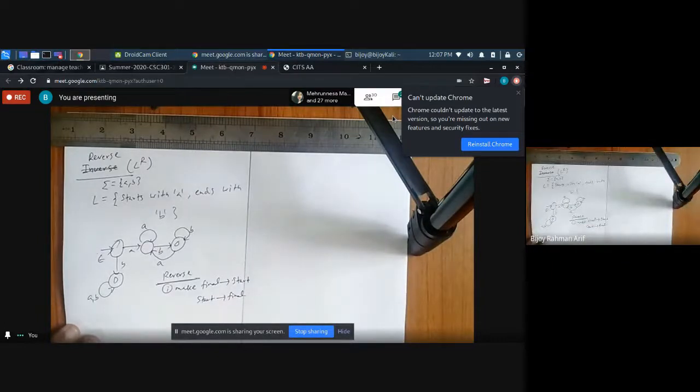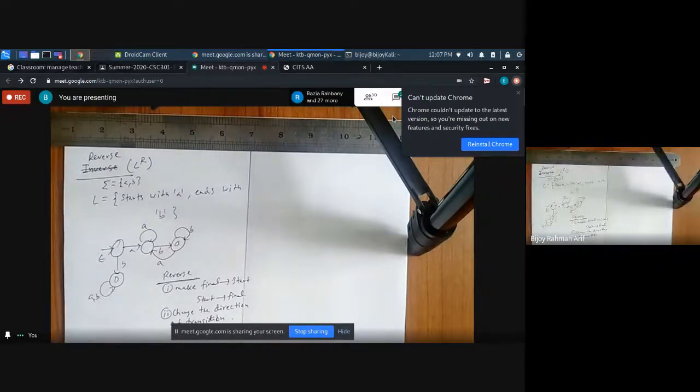Number two, change the direction of transition.